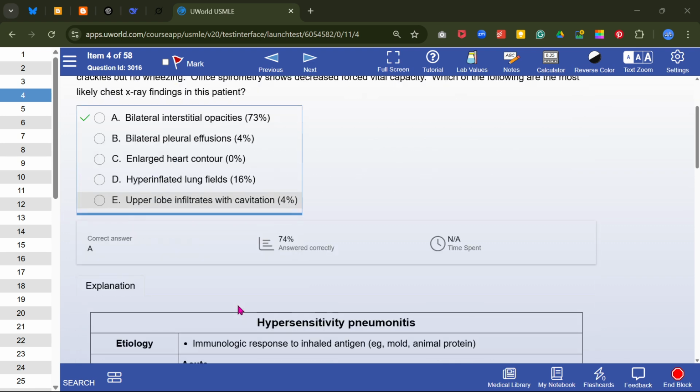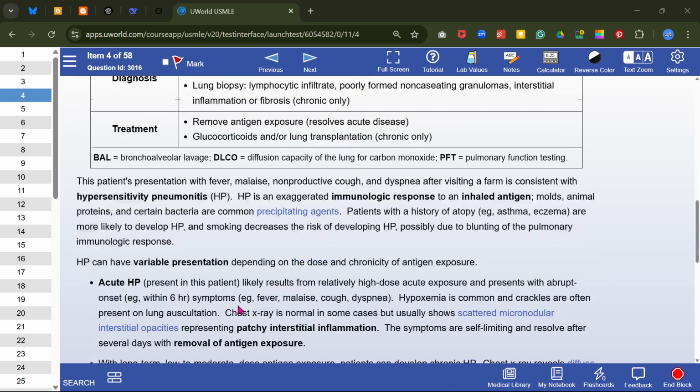So it is hypersensitivity pneumonitis. This patient's fever, malaise, cough, and dyspnea after visiting a farm is consistent with it, an exaggerated immunologic response to inhaled antigens, molds, animals.